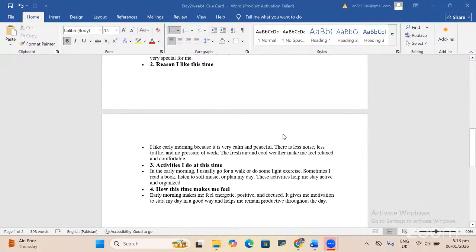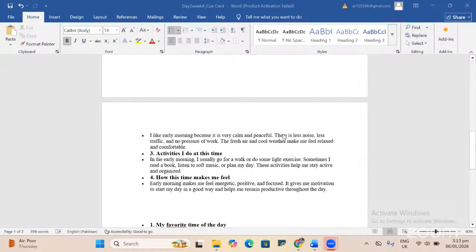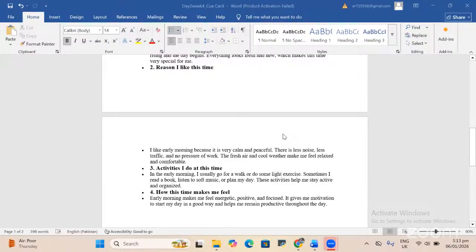But my point is that it is better if you link your points with each other. If you use different linking devices with each point, that means you are actually showing the coherence of each point.